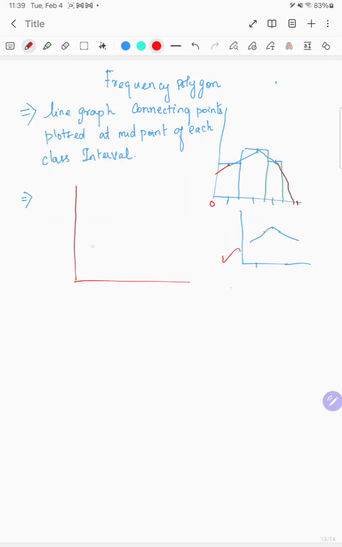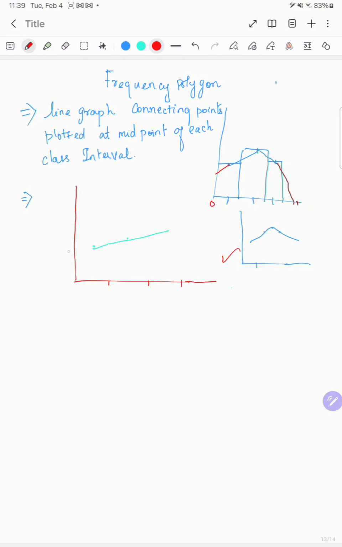So first class interval, second, third, we mark the center point. I am doing it. So it's simply a line graph joining the midpoints. But when it comes to the point downward, you have to complete it.